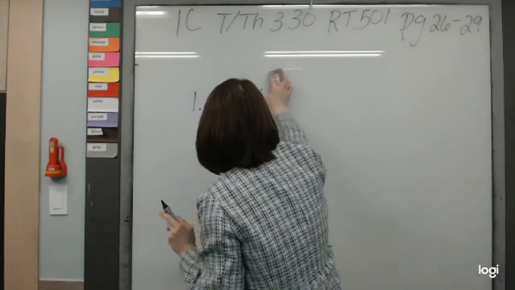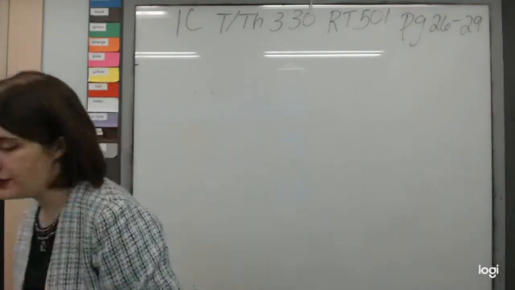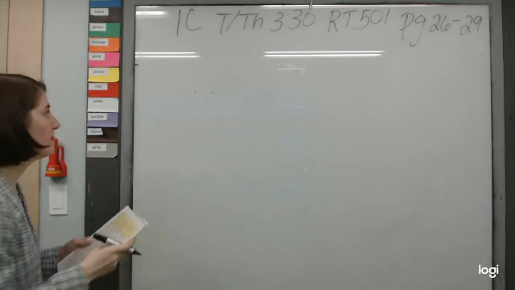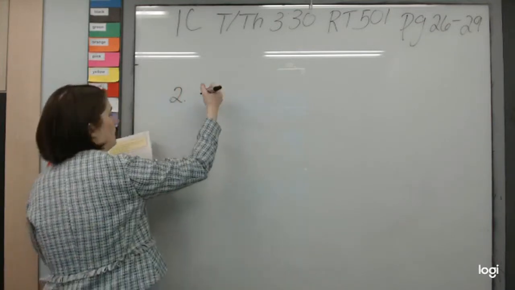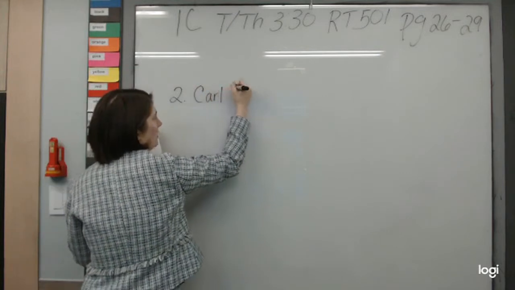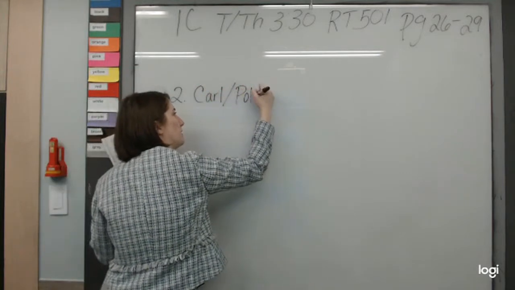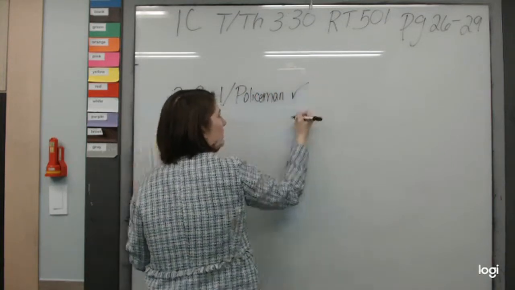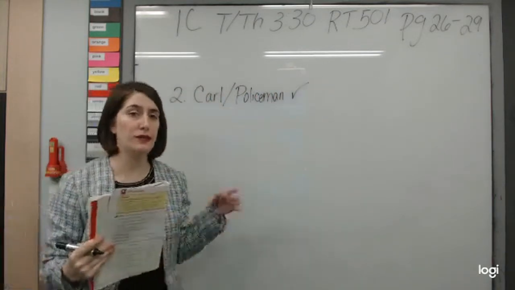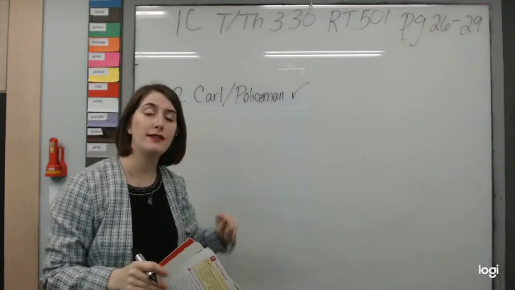So, let's try number 2 together. For number 2, we see Carl, policeman, and a check. Remember, that means we need to make it an affirmative statement.